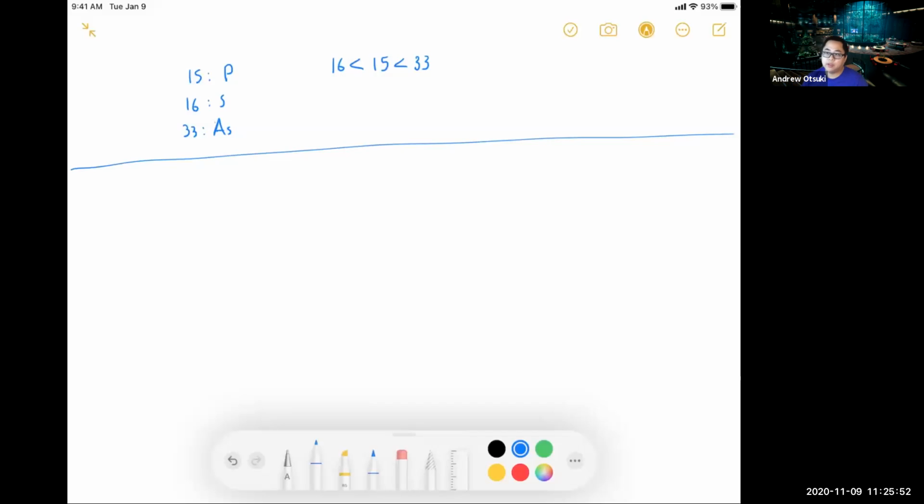So hopefully that explanation was helpful. Just to summarize, sulfur atoms are smaller than phosphorus atoms, as sulfur has a higher nuclear charge because it's to the right of phosphorus to attract the highest energy 3s and 3p electrons. So we could just write that to clarify here.